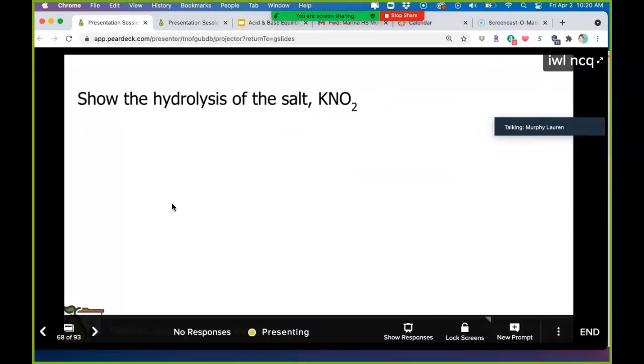So let's show the hydrolysis of potassium nitrite.